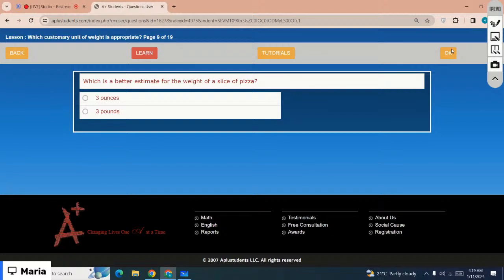Which is the better estimate for the weight of a slice of pizza? Which is the correct option?